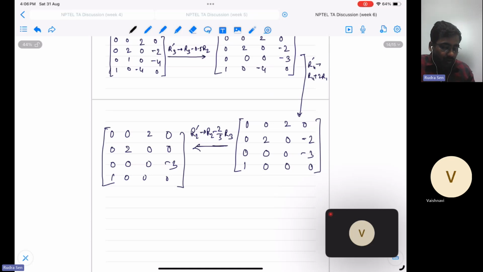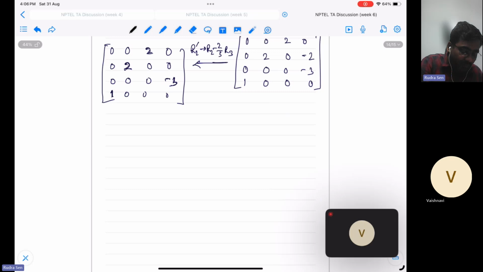Now we can't do any more row eliminations, because every column has at least one non-zero element. We cannot find any rows or columns which are completely zero.